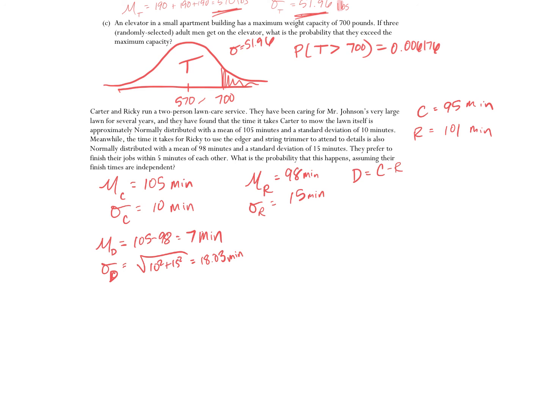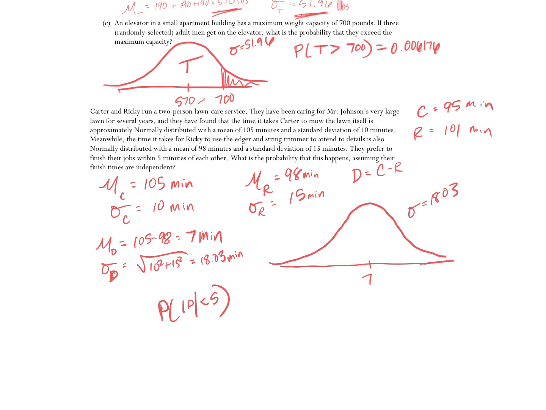Okay, so this is one of the ways the College Board might try and trick you. In order for them to finish within 5 minutes of each other, it's not their difference that has to be less than 5. Essentially, the absolute value of their difference has to be less than 5.